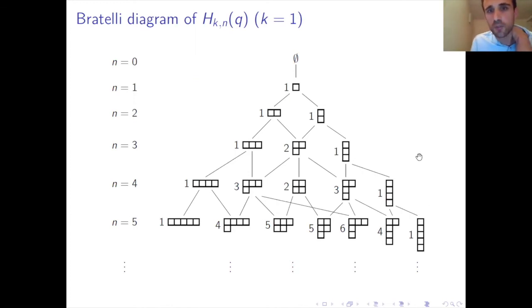So how does it work for the usual Hecke algebra? Well, this is the Bratteli diagram of the usual Hecke algebra. So the whole representation theory is described here. At each level, for each n, the irreducible representations are indexed by partitions of n. And you can maybe recognize the multiplicities which were appearing in the decomposition of the tensor space 2 slides before.